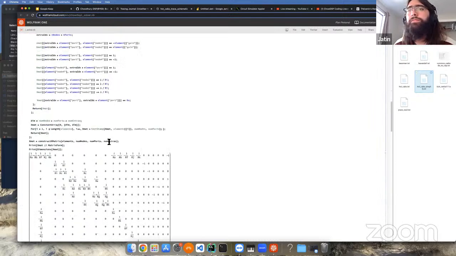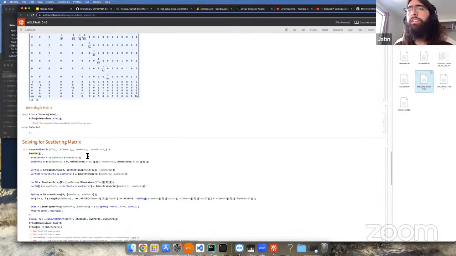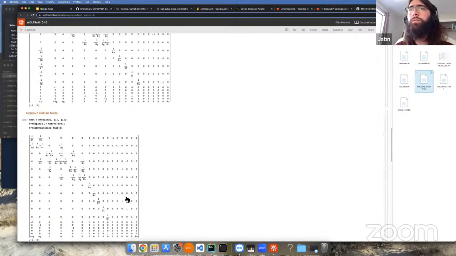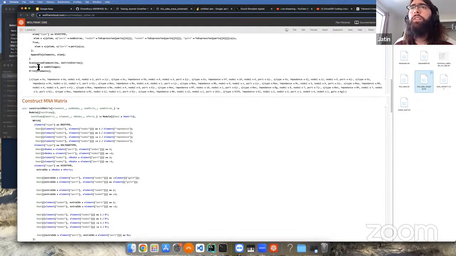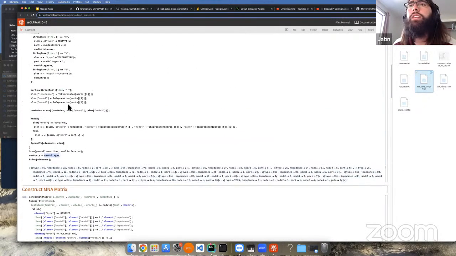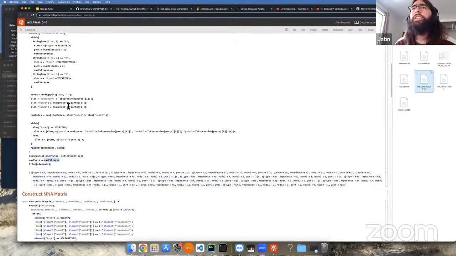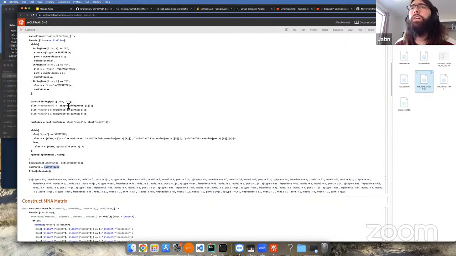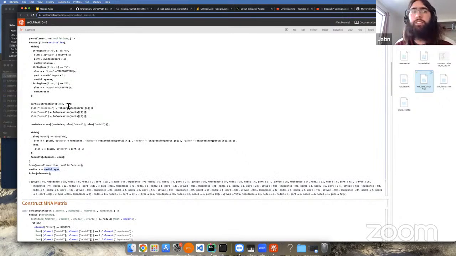Well, I think that's, oh, I see, that's a parameter here that comes from there. Num ports comes from num voltages. Interesting. Maybe I should do num resistors instead. But I worry that that's still going to cause problems with the matrix sizes.